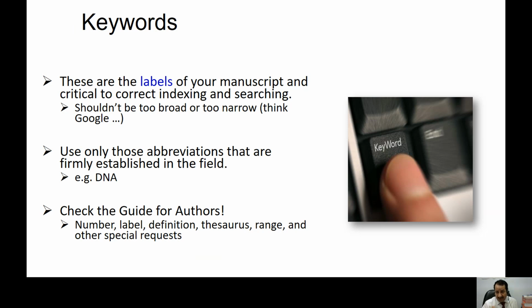So it's a label, select them. Some people don't select them carefully, and it's misleading, and sometimes they make it general. It's preferable to write the correct ones, and also avoid writing abbreviations, unless it's well known, as an example DNA. Everybody knows what DNA is. Okay.